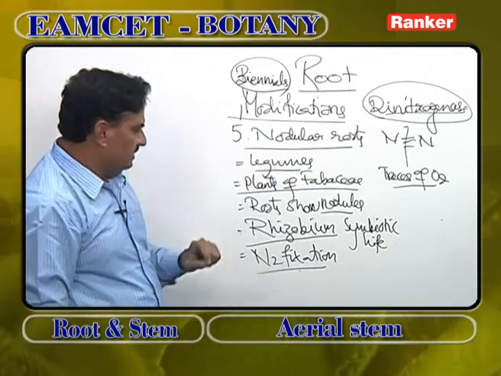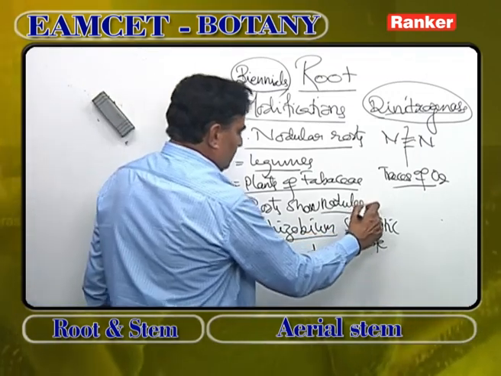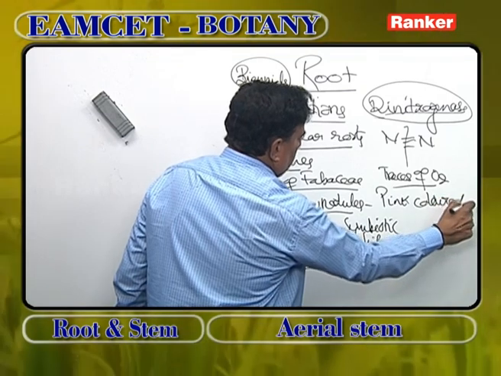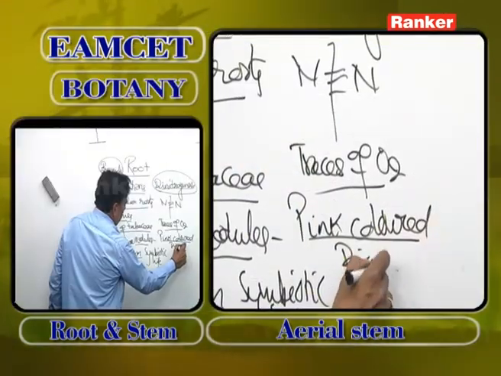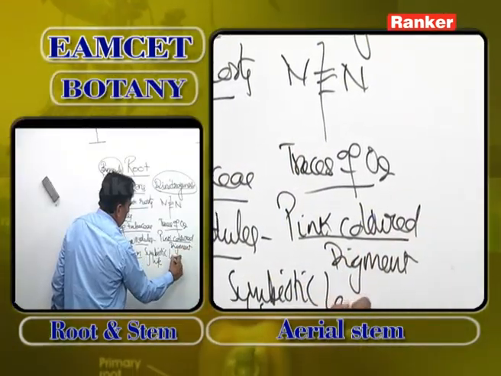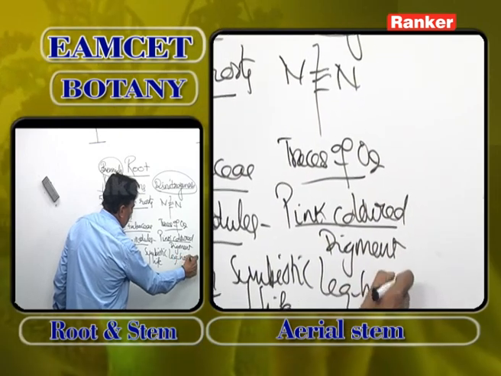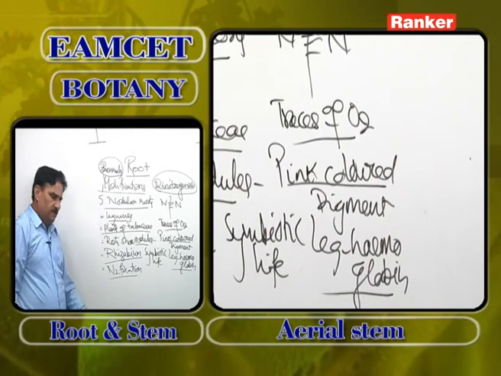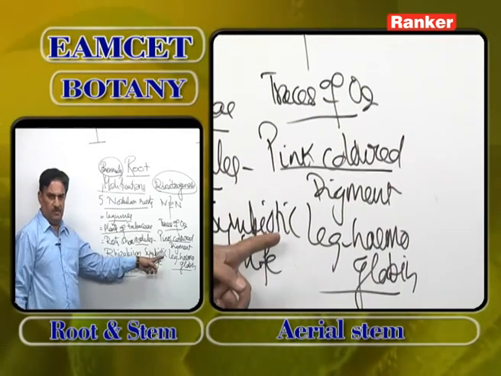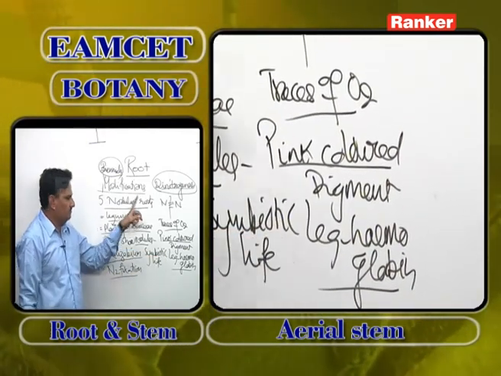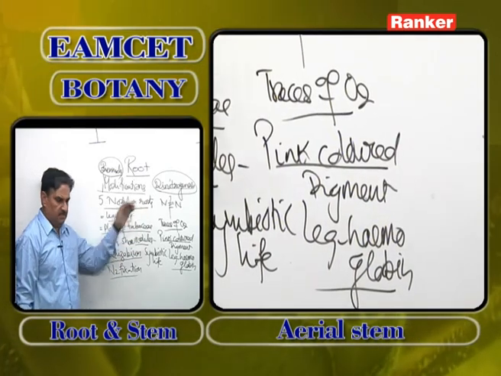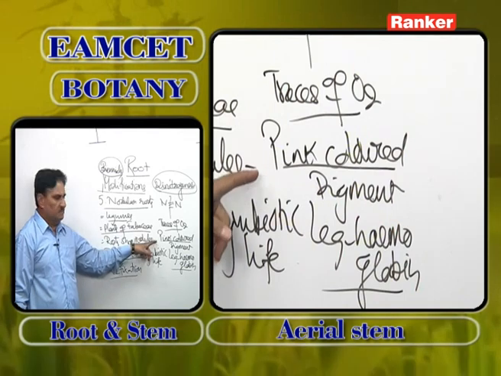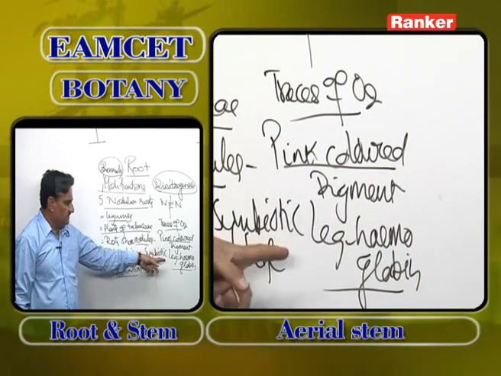That danger is avoided by a special pink colored pigment present in the root nodules called leghemoglobin. This special pink colored pigment, like hemoglobin, makes the dinitrogenase not get exposed to oxygen. This is a very important aspect.